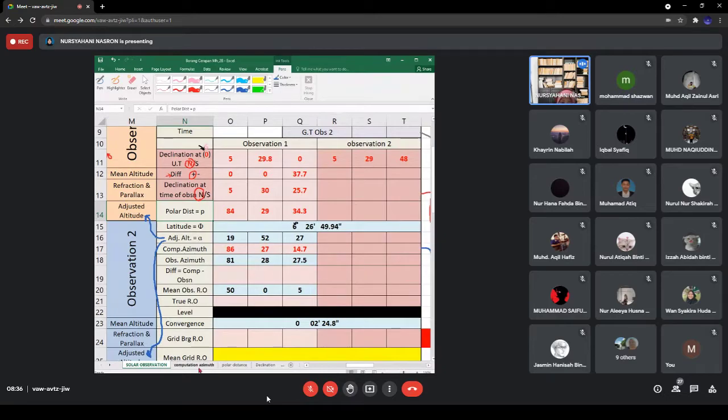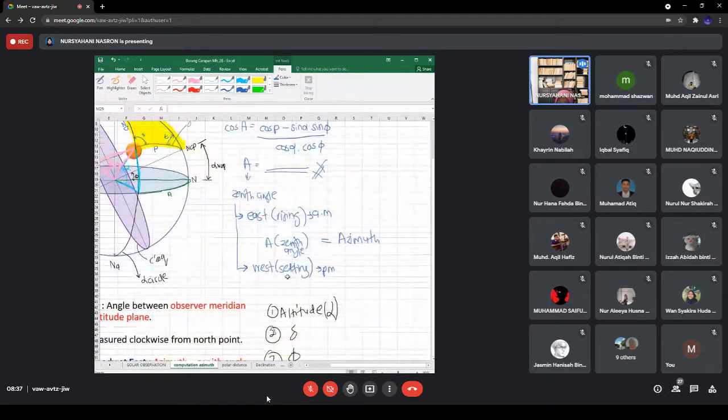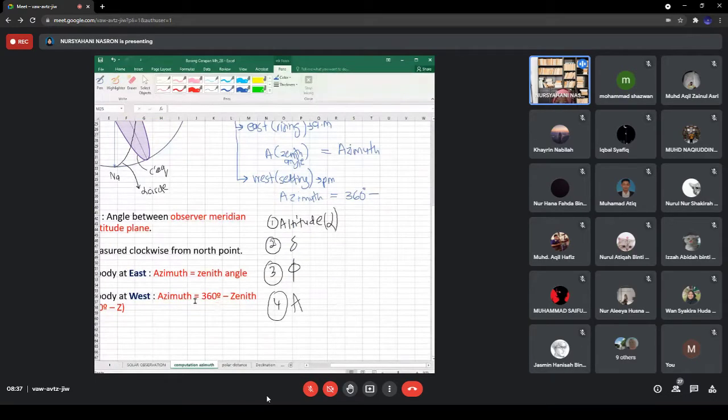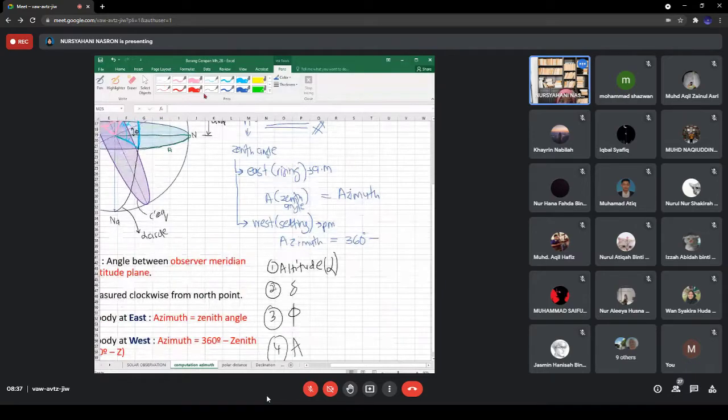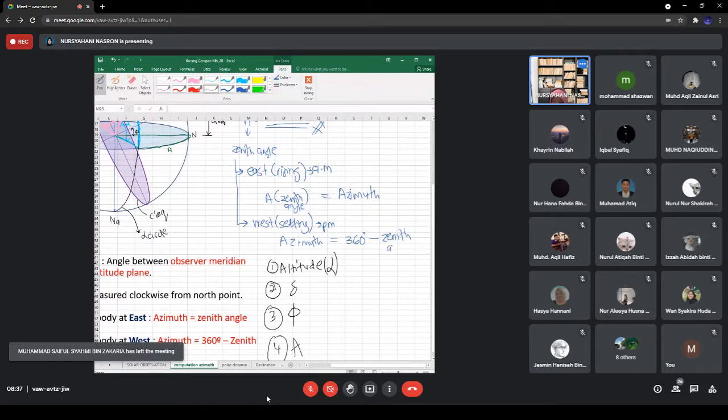But if you do it in the evening, when it is setting at the west, it means azimuth is equal to 360 degrees minus the zenith angle. This zenith angle is from the computation azimuth from the formula.